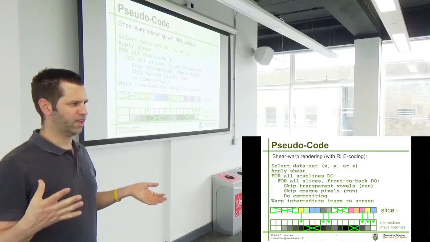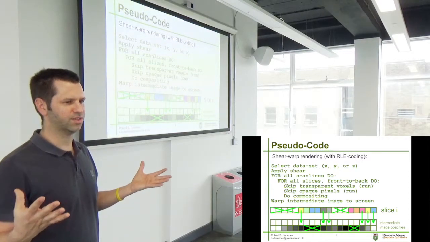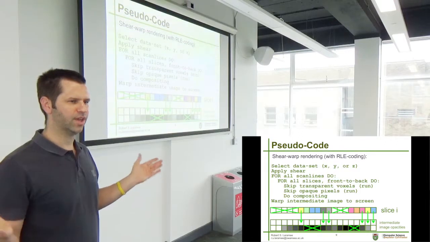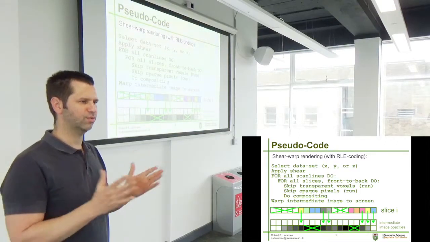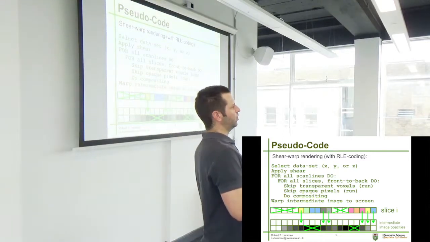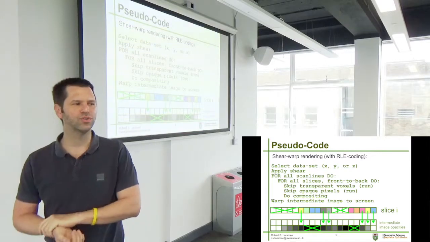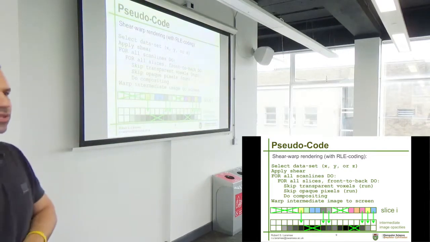A lot of that data can be compressed to virtually nothing because it's not interesting, like the air. The air can just be compressed into nothing. You don't have to sample thousands and thousands of voxels of air if you don't want to. You can compress those.